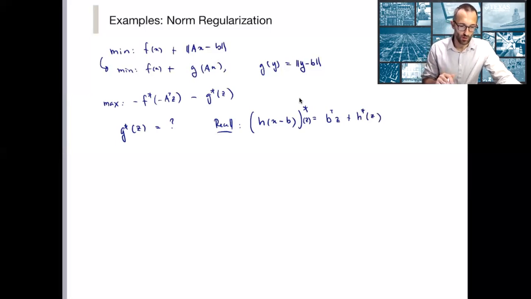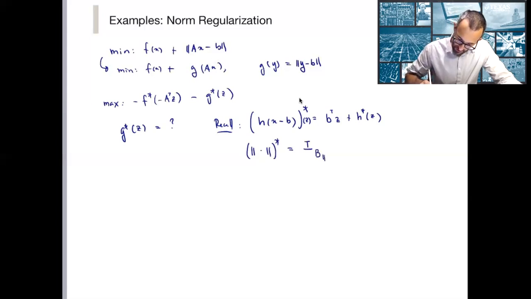We're also going to use the fact, used on a similar previous page, that a norm is a function, so I can look at its Fenchel transform, and the Fenchel transform of a norm is equal to the indicator function of the unit ball in the dual norm.